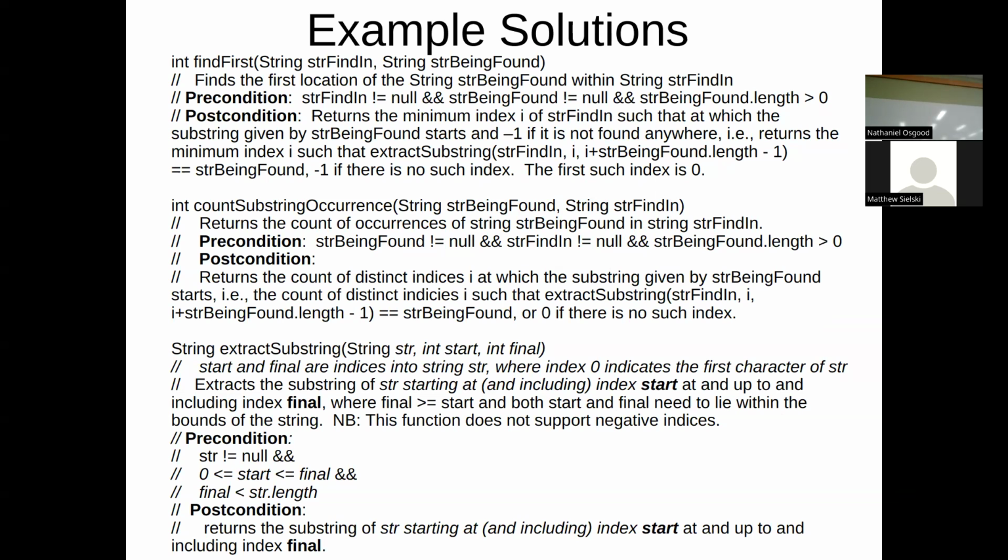Start can't be less than 0, and final can't suggest an index greater than the length the string would allow. At the same time, start and final have a relationship to each other. You can't have final be less than start, and both have to be 0 or more. If we define index 0, it's very important that we be clear what the first index of strings is, 1 or 0.